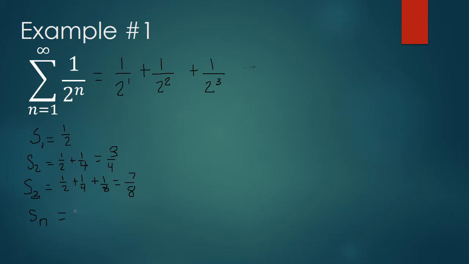So my nth term, so here we go, S sub n, 1 half plus 1 fourth plus 1 eighth plus ... is going to end up being 2 to the nth power minus 1 divided by 2 to the nth power.